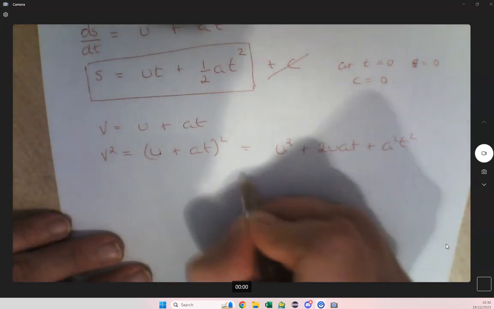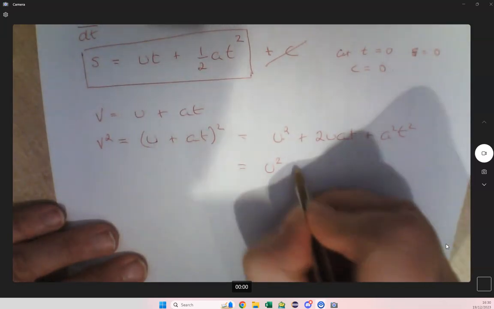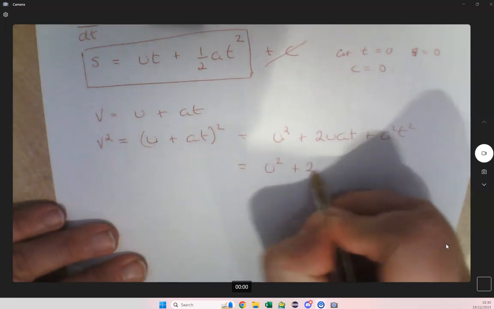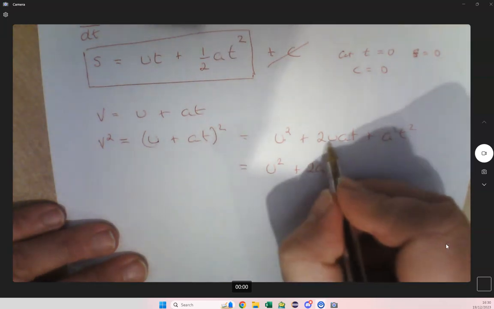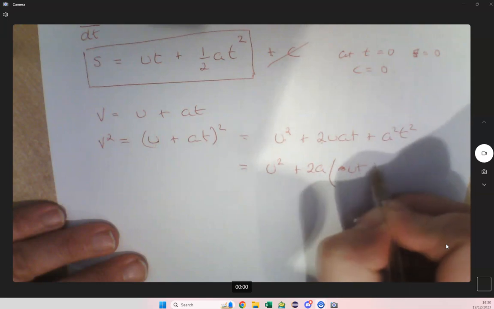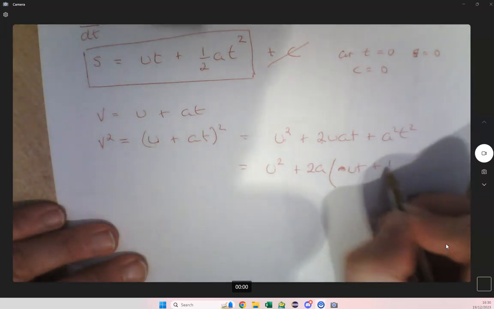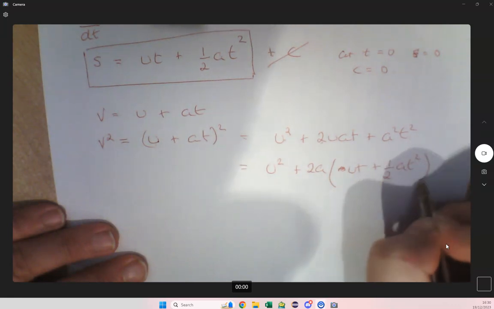So what I'm going to do is write that's u squared. And here I've got a factor I'm going to pull out. I'm going to pull out 2a of these two terms. Pulling 2a out of there gives me ut, and pulling 2a out of here, I'm going to get a half times a times t squared.